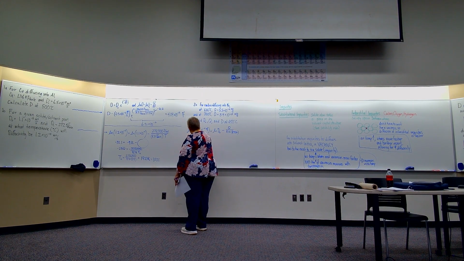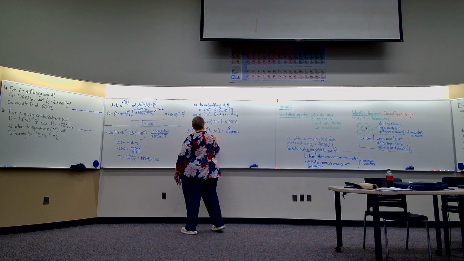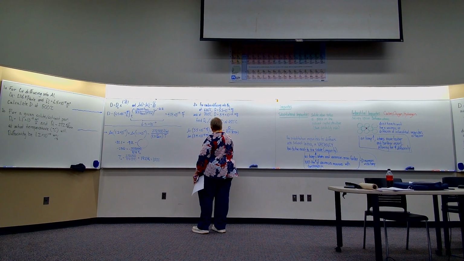And natural log of 3.9 times 10 to the negative 13 is equal to the natural log of D0 minus Q over 8.31 times 973.